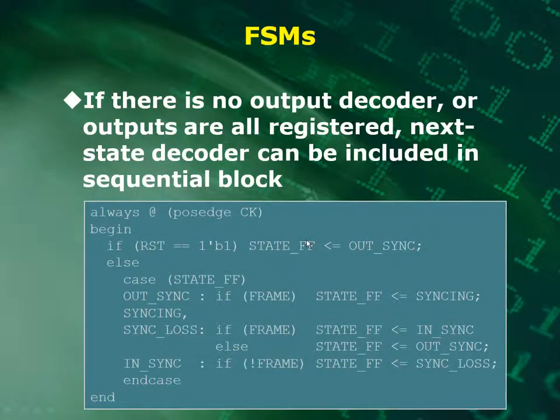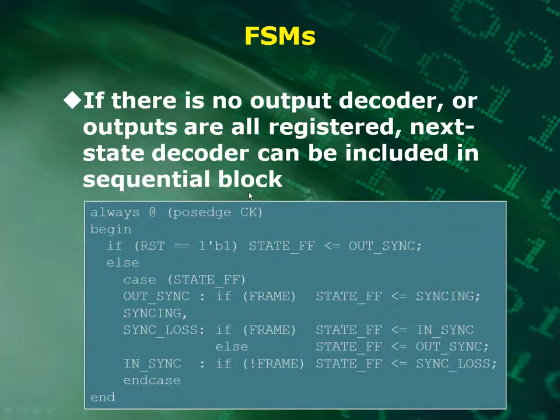If there is no output decoder, or the outputs are all registered, the next state decoder can be included in the sequential block. So here's another example where we have actually included the whole thing in this block, because it's a fairly simple one.